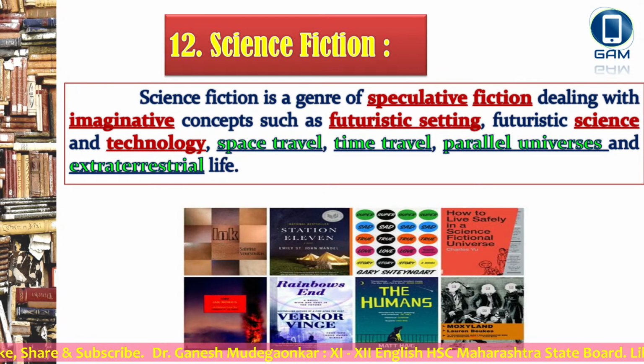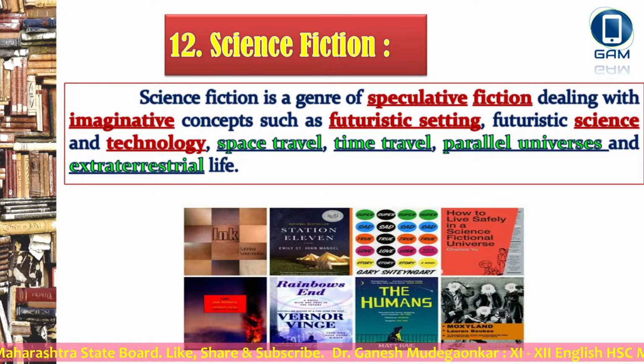The first scientific as well as science fiction work, according to me, is The Invisible Man. Sci-fi: sci and fi mean scientific fiction. Then space travel, how we are traveling. Gravity is one of the fine examples of this kind of writing, or we can watch the film and understand what kind of screenplay it was. Then the parallel universe: now we are living on Earth, maybe you will reach Mars, and so on.